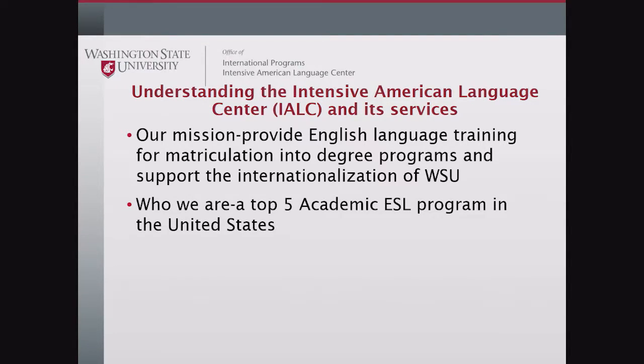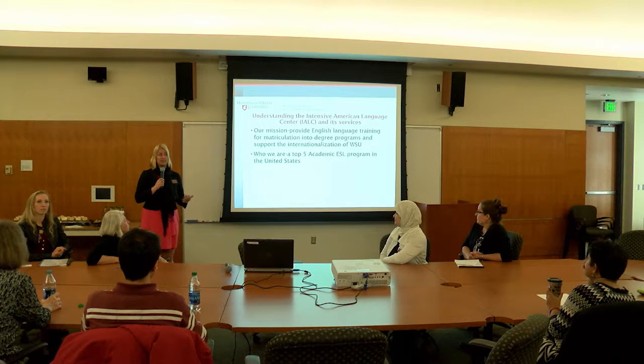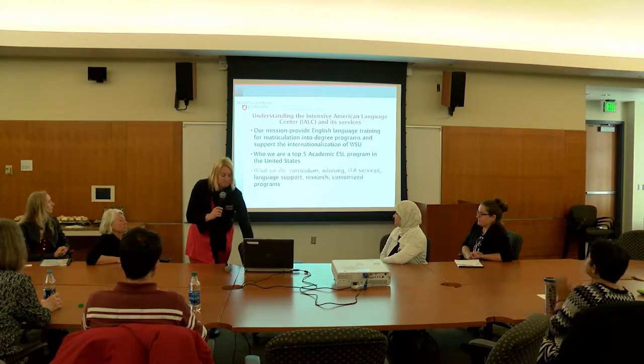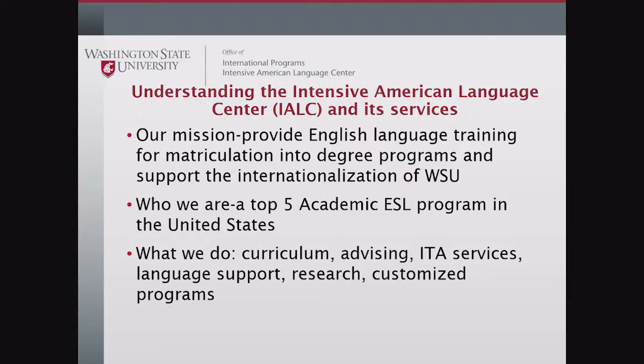So who are we? We are one of the top 5 academic ESL programs in the United States. We are actually one of the largest and longest, most well-established programs. A little bit more about what we do. As I said earlier, we are an academic ESL program. We have 5 levels for undergraduates or 6 levels for graduate students.